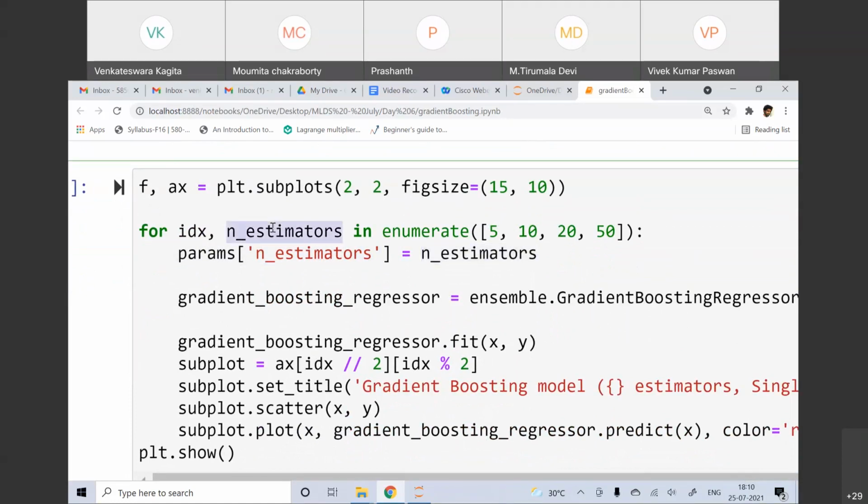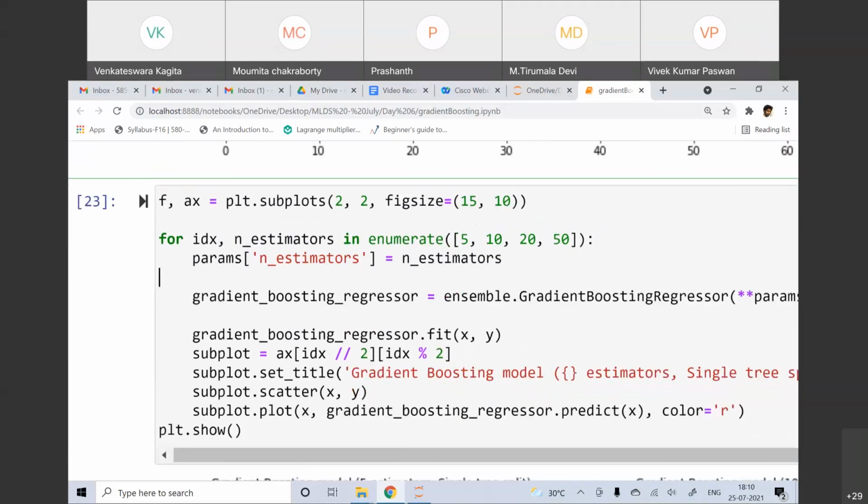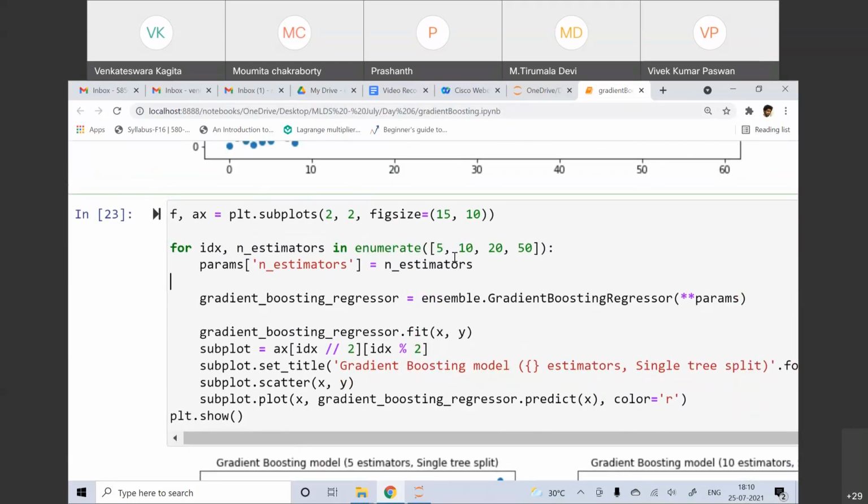The first time the loop runs, I get 5; the second time 10, third time 20, fourth time 50. Every time I'm updating this parameter and training a model with the updated parameters, fitting it to the data.